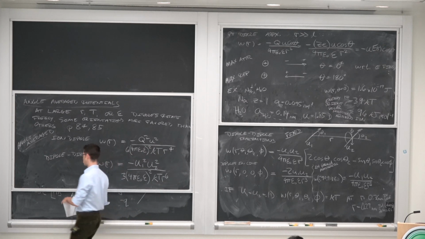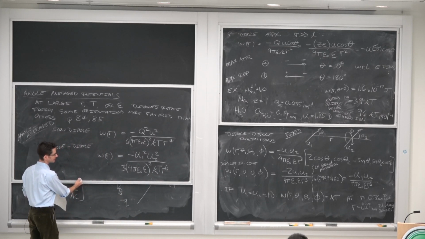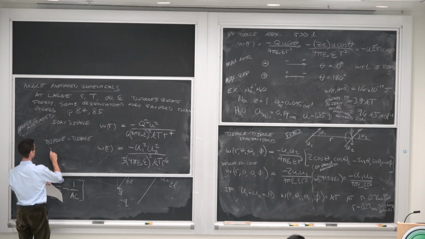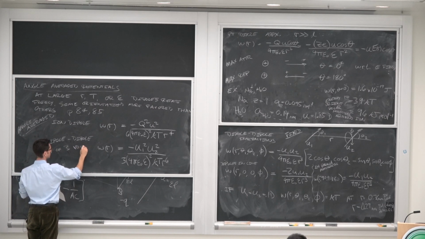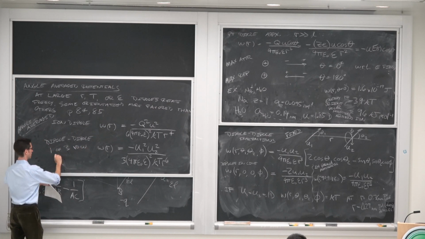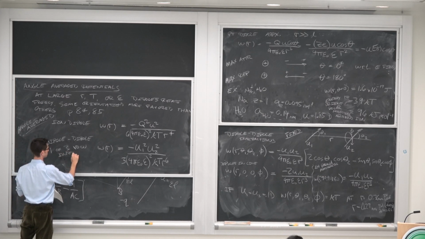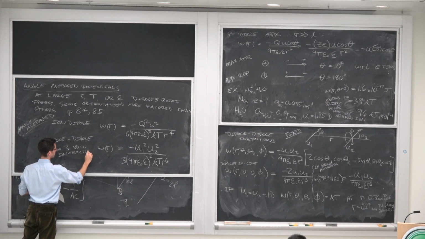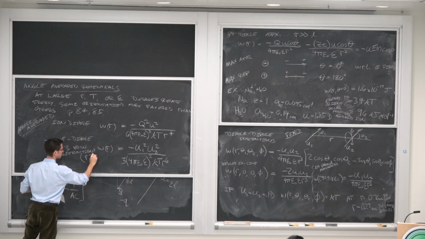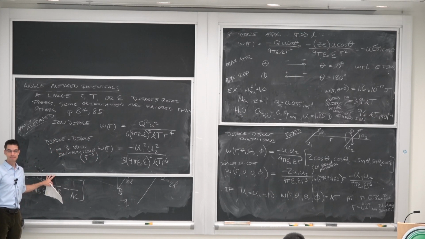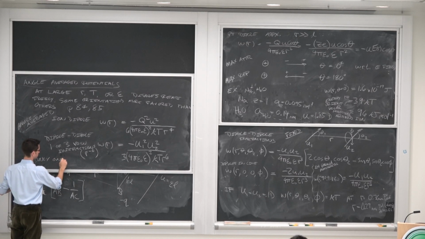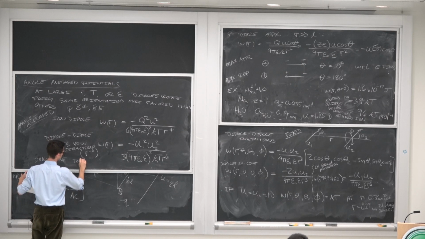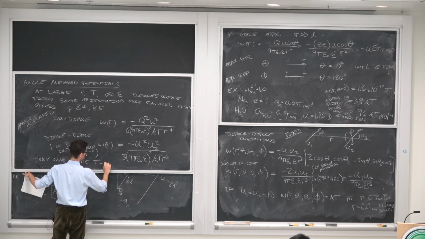What are some important things to notice here? This is the first of 3 van der Waals interactions, and it follows an inverse R to the 6th dependence, and also it's the only one to be temperature dependent.